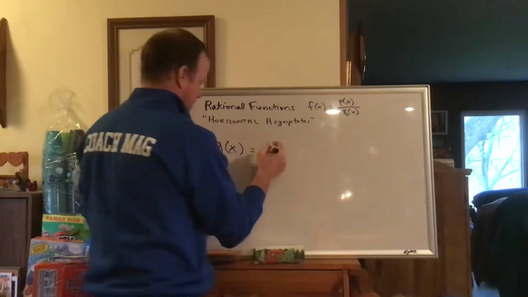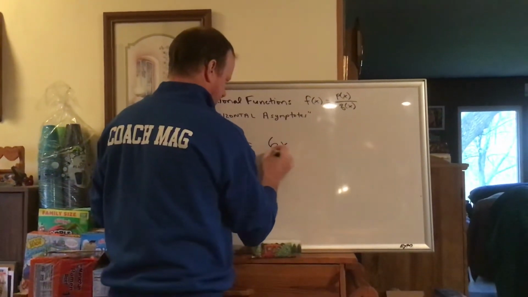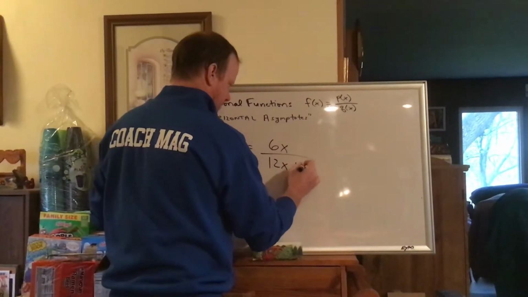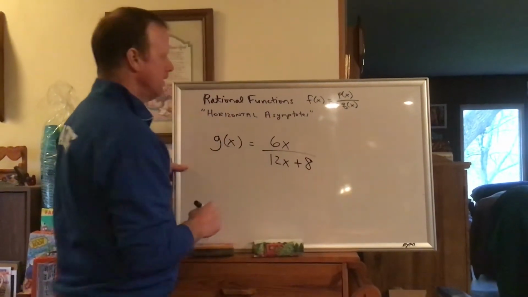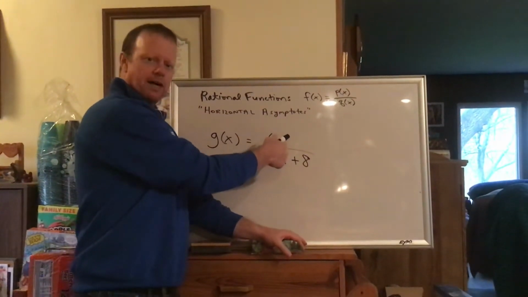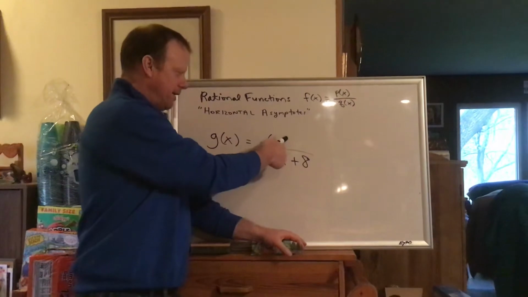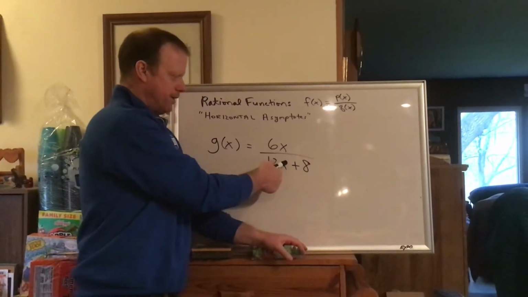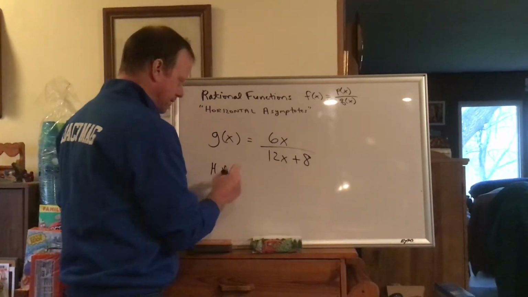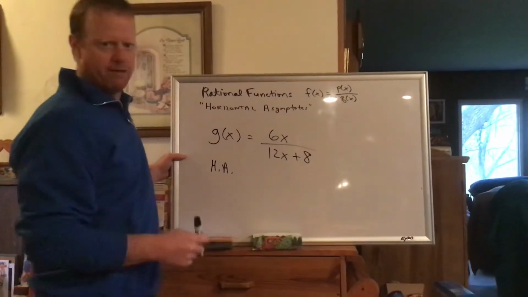Say your function is... once again, if you have a rational function and the highest exponent on top is the same as the highest exponent on the bottom, like the highest exponent here is a 1, the highest exponent here is a 1, it's the same. Once again, the horizontal asymptote is going to be obtained by the numbers in front of those variables.